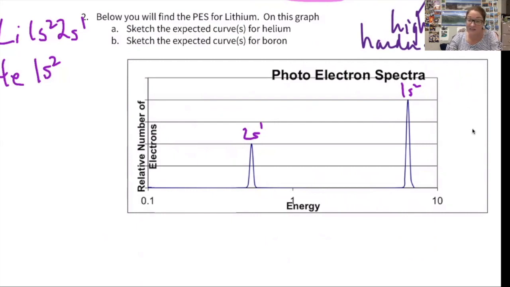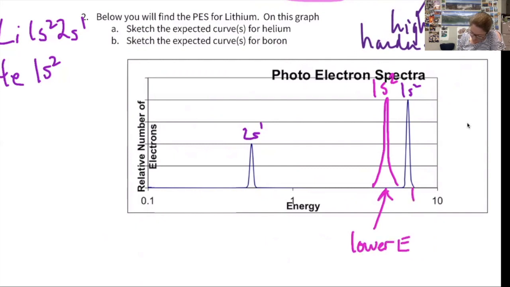So its peak for 1s2 would be shown here at a lower energy than that peak there. So helium was the one I did in pink.